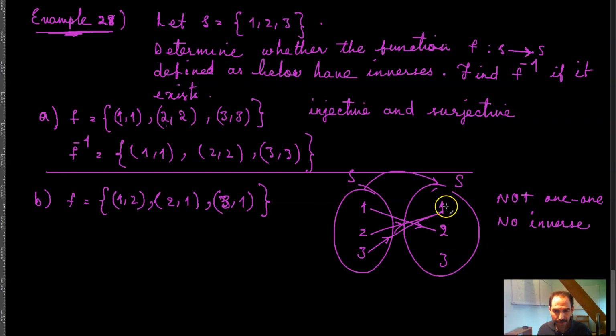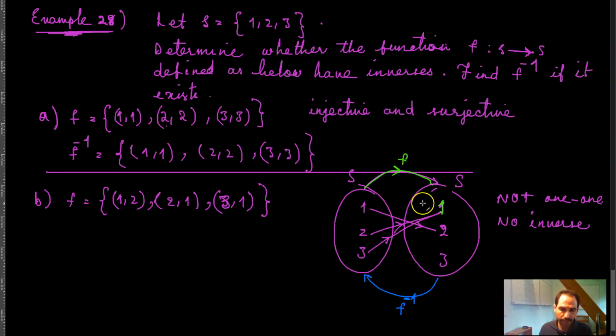Because when you want to get back from 1 to the domain of the function, the function itself goes from here to here, that is f, but then f inverse goes the other way around. Now f inverse has to map, if f maps 2 to 1, then f inverse has to map 1 back to 2.